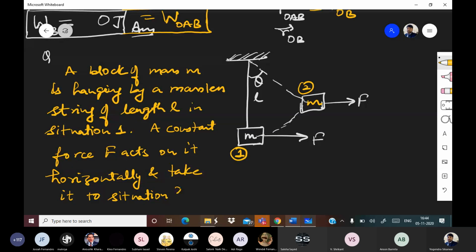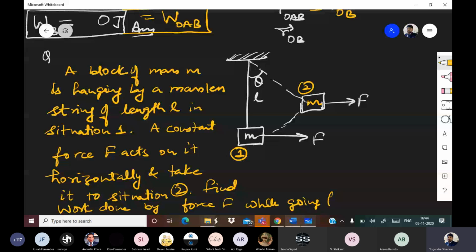Find work done by force F while going from 1 to 2. Please find.